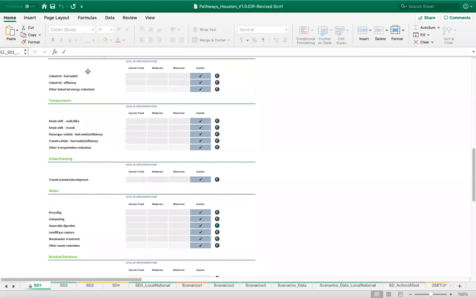So because of that, the only significant approaches that the model is able to capture are an overall approach to fuel switch and an overall approach to efficiency. And all this is doing is taking the greenhouse gas emissions inventory that was supplied and then switching to particular fuel types or increasing the efficiency against those reported greenhouse gas numbers.